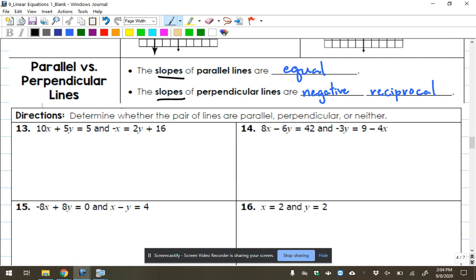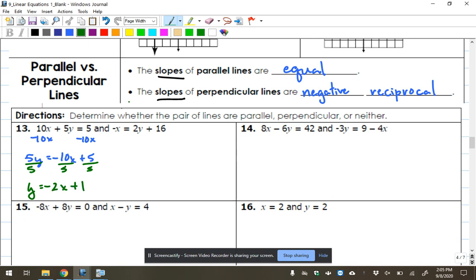If you flip it and change the sign, it's perpendicular. If it doesn't do either of those things, it's neither. So subtract 10x: 5y is equal to negative 10x plus 5, and then I would divide by 5. So y equals negative 2x plus 1.